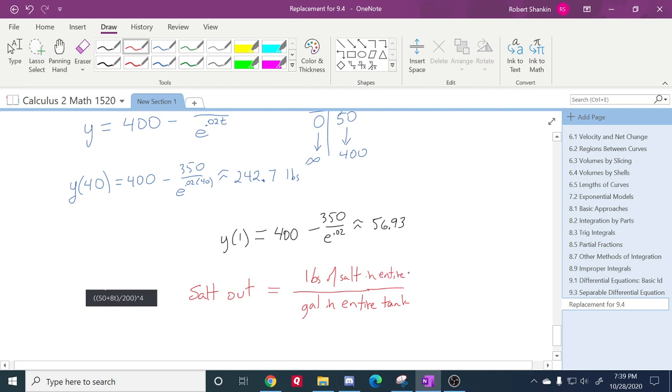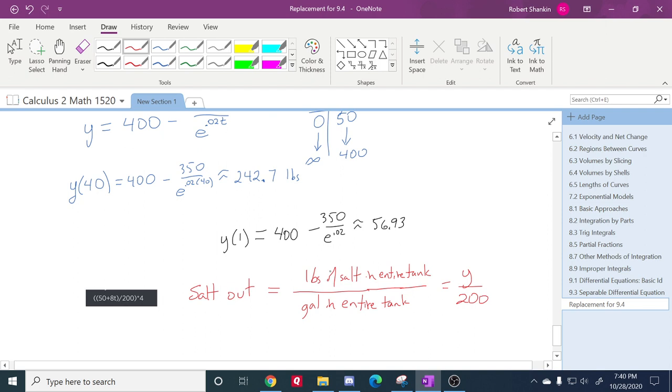Since it's well mixed, that's the rate. You'll get pounds per gallon, and then we'll have that many pounds per gallon times how many gallons, 4 gallons that are moving out every minute. And so this one just turns out to be Y, and this is 200. And then we times it by 4 gallons per minute.